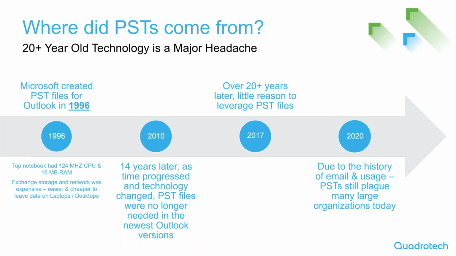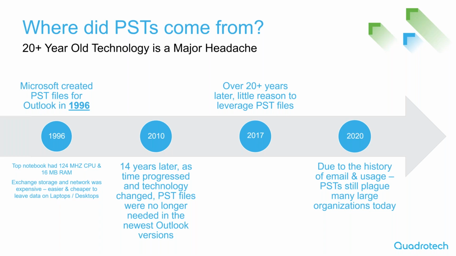And yeah, now more than 20 years later, PST files are still there, and they are no longer needed in new Outlook versions. For example, until Outlook 2013, also IMAP accounts used PST files to fetch the email from the server and save it locally on the client.